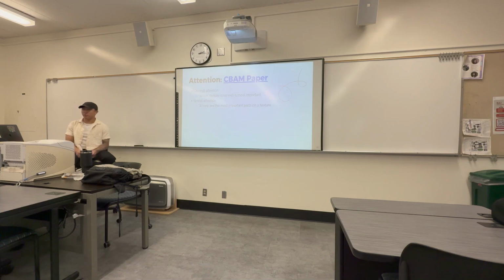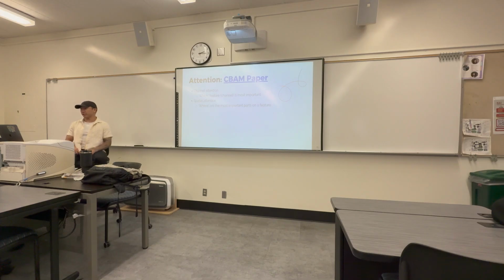So the paper that we'll be replicating, that's the homework that I assigned. It's a lot to read a research paper, so I don't care if you guys read it or not, it's a lot anyways. But it's called CBAM. It stands for Convolutional Block Attention Mechanism, and it's like one of the pioneers of attention for a convolutional neural network.